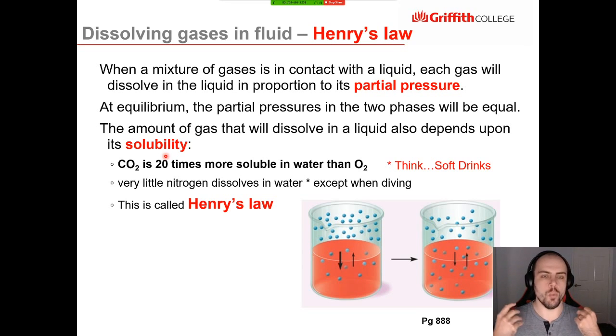We can dissolve way more carbon dioxide in water as opposed to oxygen because of its solubility, which again makes sense. This poses a big problem for us as an organism. Why? A lot of us is water, and trying to transport oxygen around the body is a massive issue.